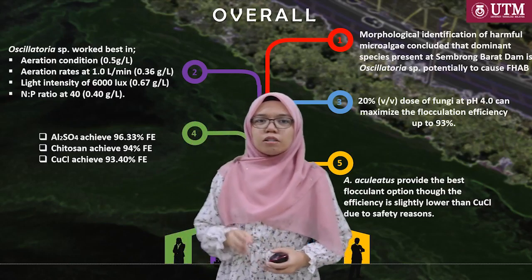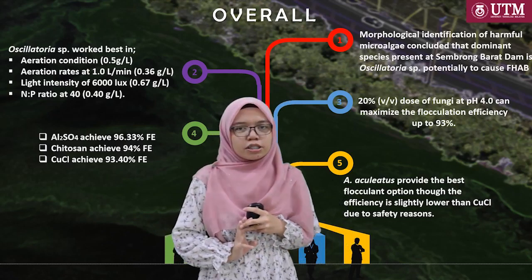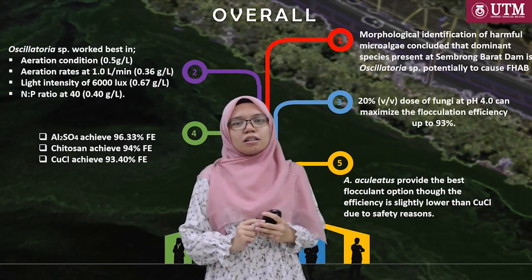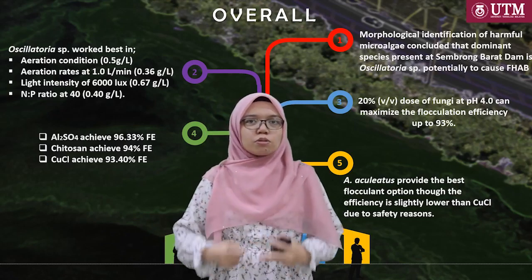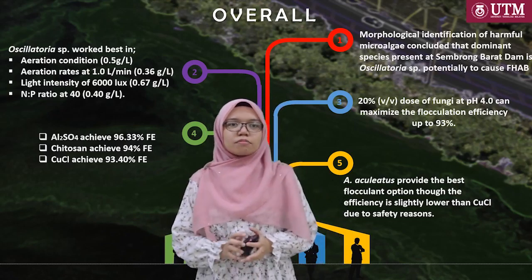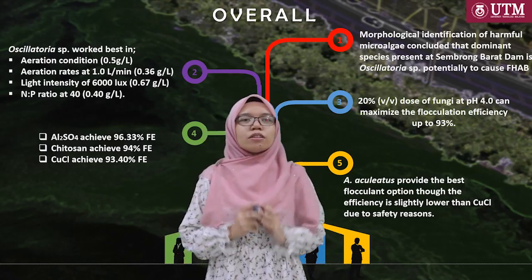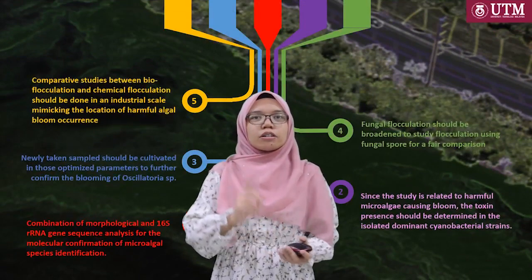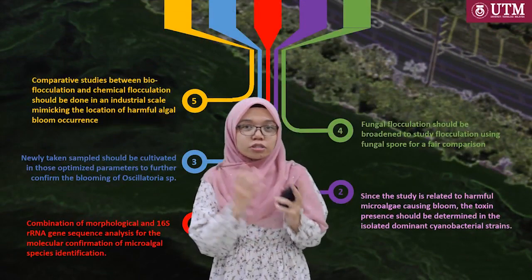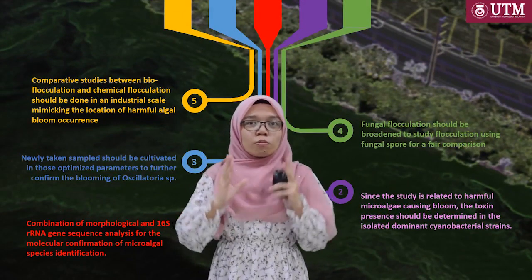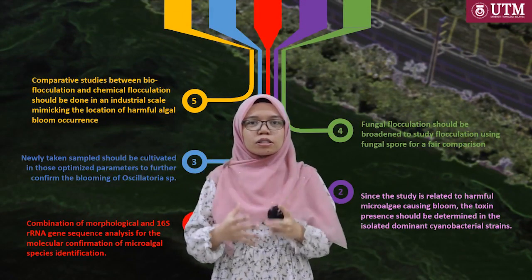Third, the chemical flocculants achieve higher efficiency than fungal flocculation, but they are very dangerous to use and expensive. Hence, Aspergillus aculeatus provides the best flocculant, though the efficiency is slightly lower. And these are the recommendations for future work, including combining morphological and 16S rRNA gene sequence analysis for the confirmation of microalgae species identification.